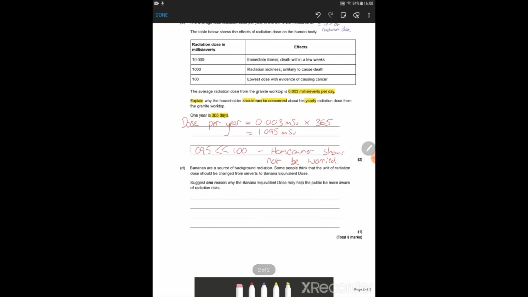Now before this video, I'll be surprised if you knew what the sievert was. So why do you think that people may want to change the unit from sievert to banana equivalent dose for everyday people? Say you're speaking to your mum and dad and you said, you know what, this banana gives this many sieverts. Are they going to know if that's good, if that's bad? They're not. However, if you say, you know what, this banana gives this amount of radiation.